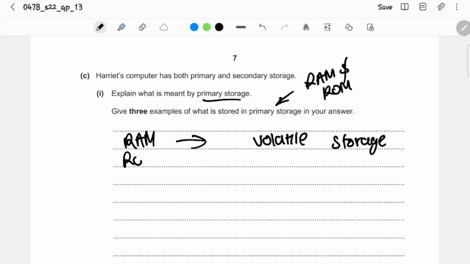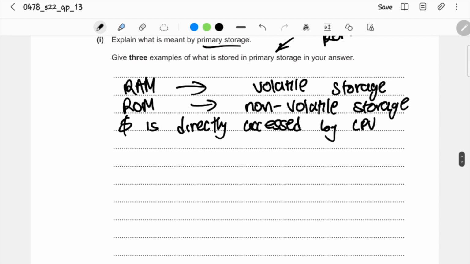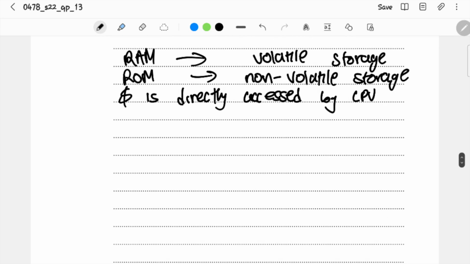This is just for explanation purposes. ROM is non-volatile. Volatile storage, and is directly accessed by the CPU. I usually like saying that whenever talking about primary storage.